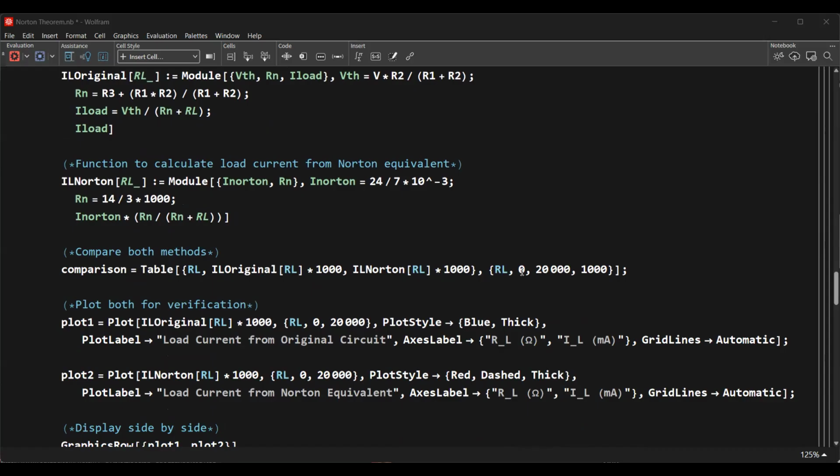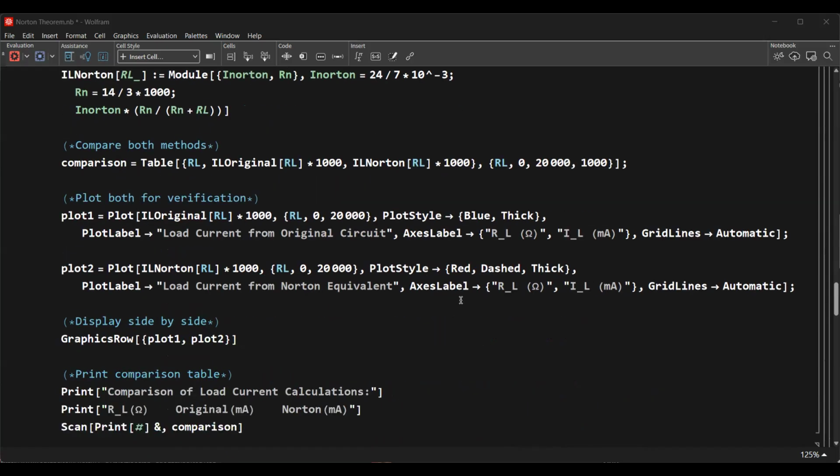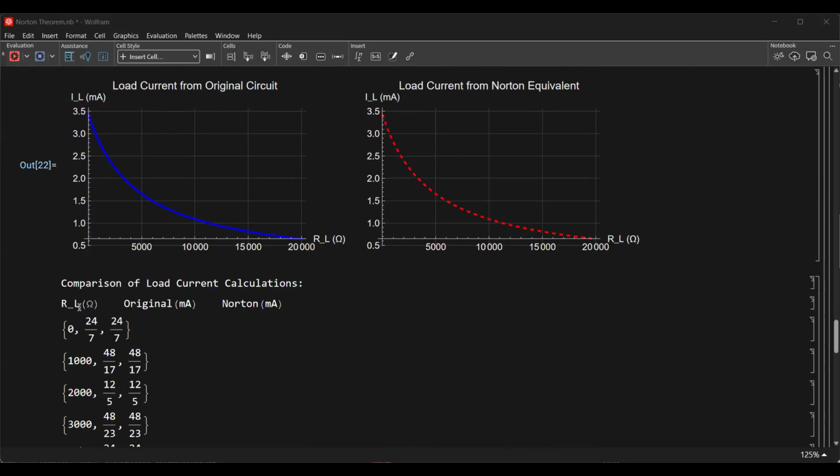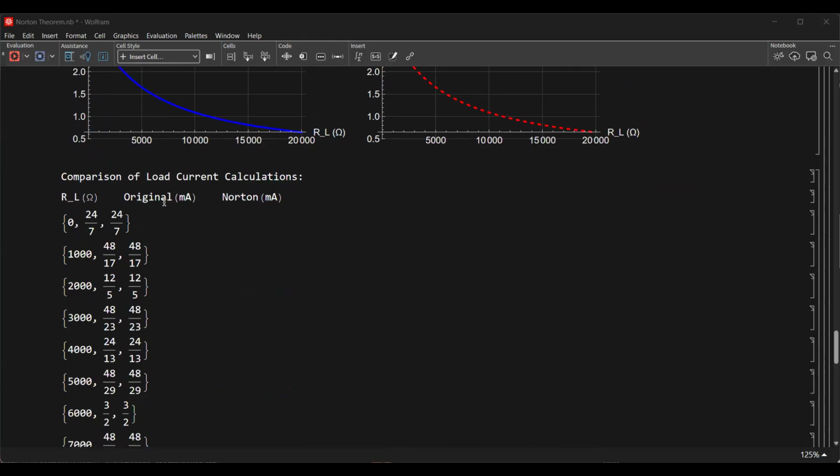Our RL here goes from 0 to 1000, with a step of 1000: 1000, 2000, 3000, 4000, 5000. The current from the original circuit is 24 over 7, and from the Norton circuit, that is also 24 over 7.